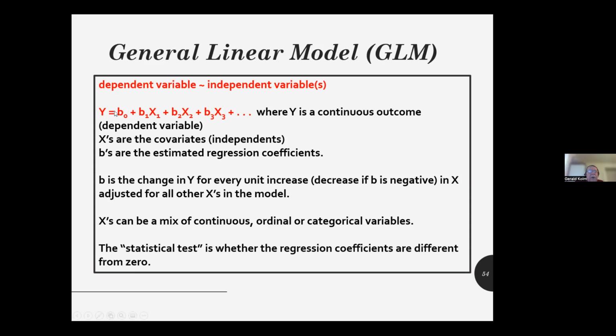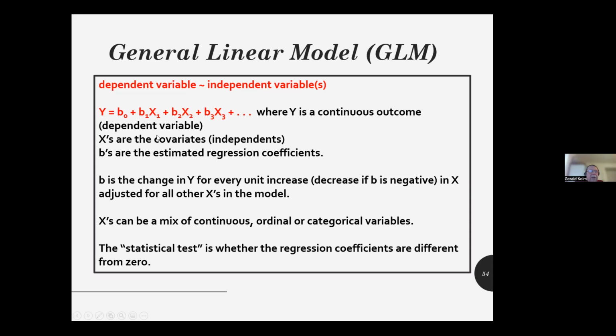So the b sub 0 here is our constant. In our previous example, that was what, 102 or something like that. And then the regression coefficient for each covariate or independent variable that we have in our equation. But the point here is that the y is always a continuous outcome.